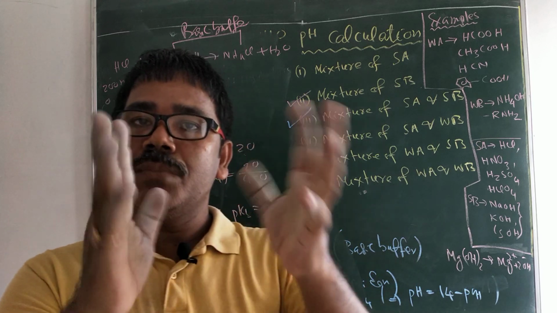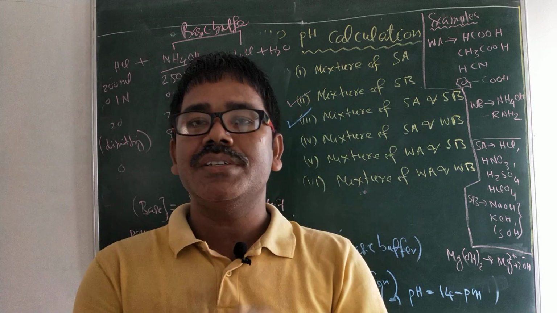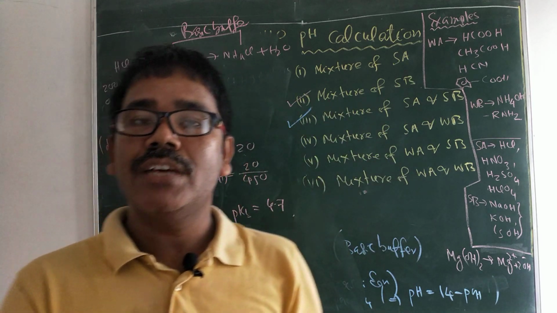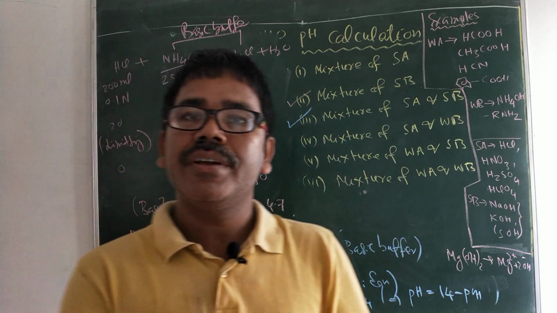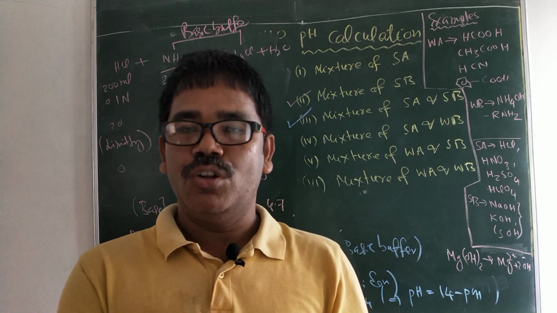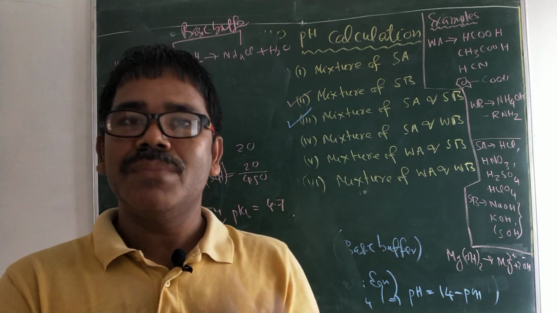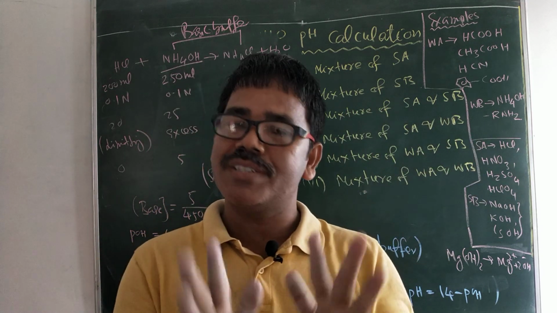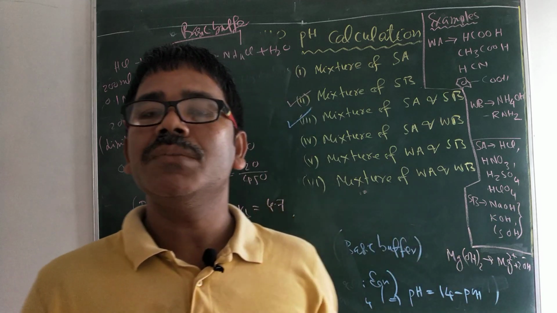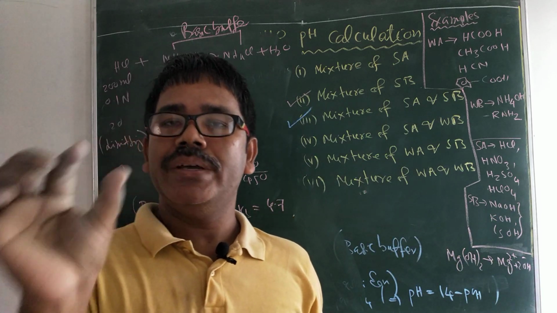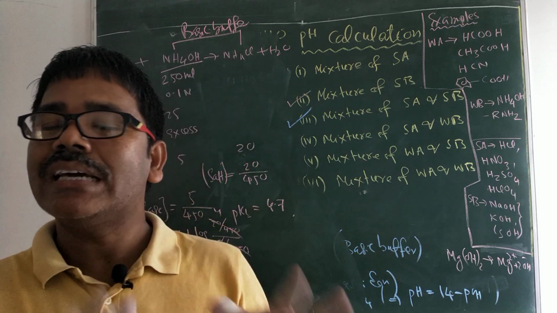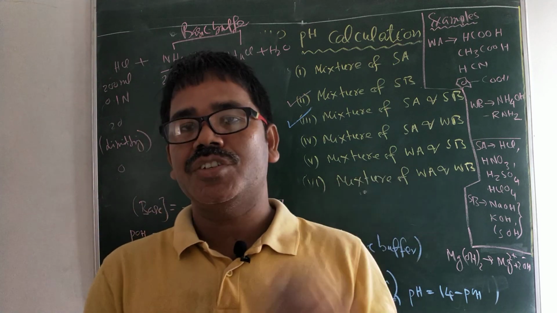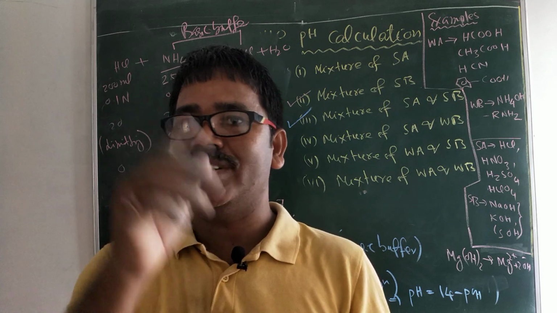Therefore, as the strong part is the acid, the solution will be acidic. Therefore, pH is equal to 7 minus half of (pKb plus log C). Log C is the salt concentration. As the milliequivalent of the acid and base are the same, concentration is nothing but milliequivalent of the acid or base divided by the total volume, and the pKb value will be given. This is how we can calculate the pH for the salt hydrolysis case, the first case.